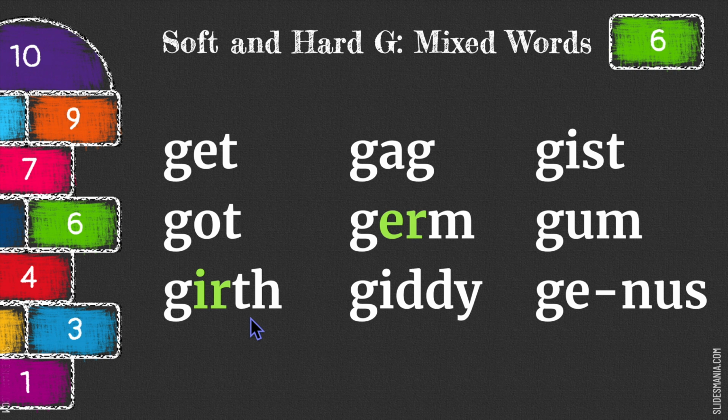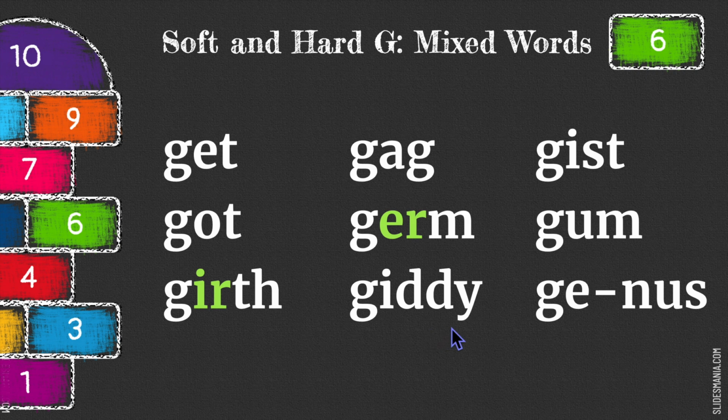If you don't know which sound, try th first because it's more common. Now, jerth is not a word. Let's try it with the hard G sound. G, earth, girth. That's a word. However, if you read it jerth and said it out loud to somebody, they would probably figure out what you meant because you still read it phonetically.